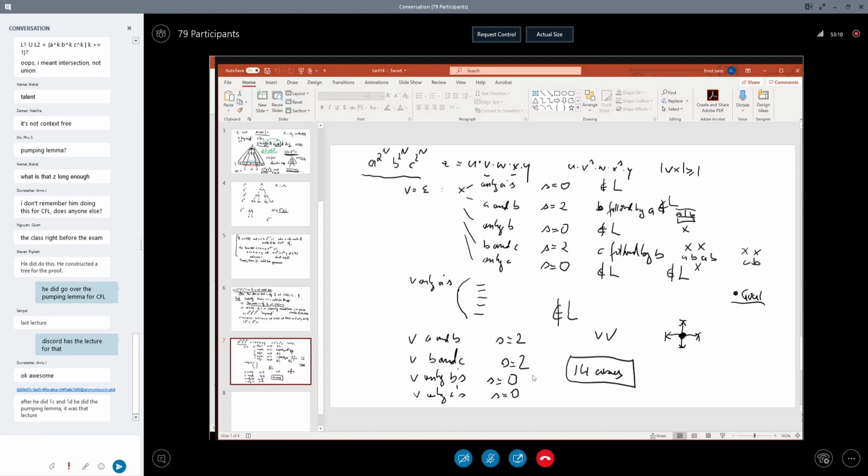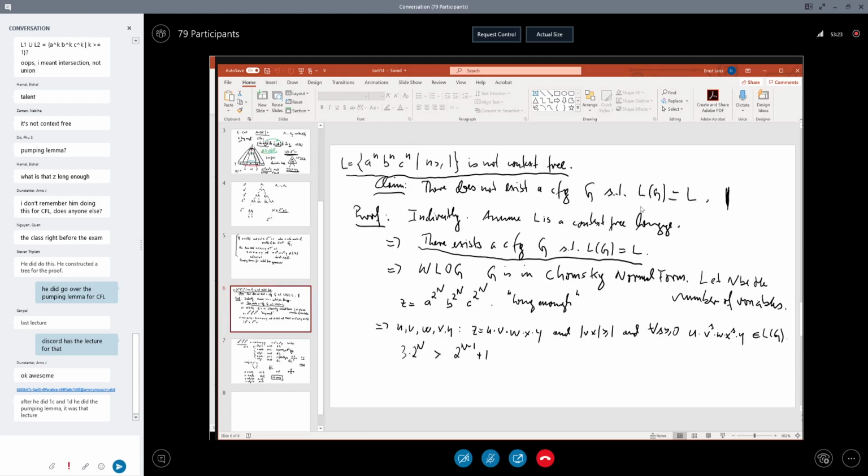So in every single case of those 14 cases, we have a contradiction, and that proves that there cannot be a context-free grammar that generates that language, which means the language is not context-free. So that was what we did a week ago.